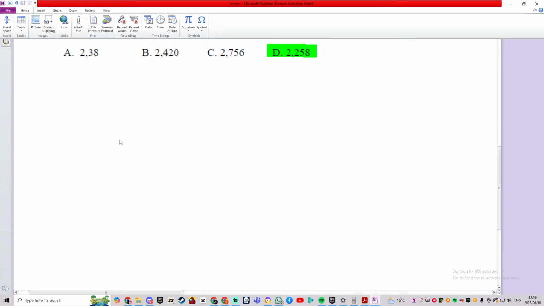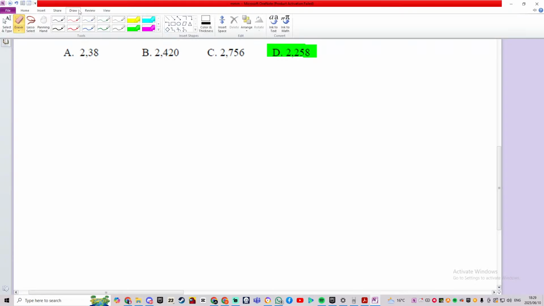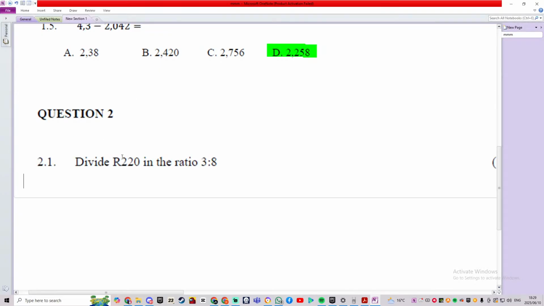How did I paste the first one in? It's crazy. Ah, here we go. Goodness.